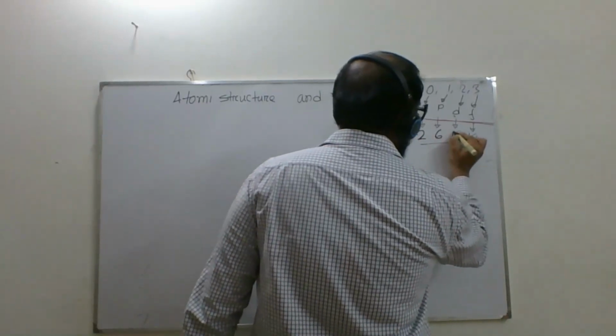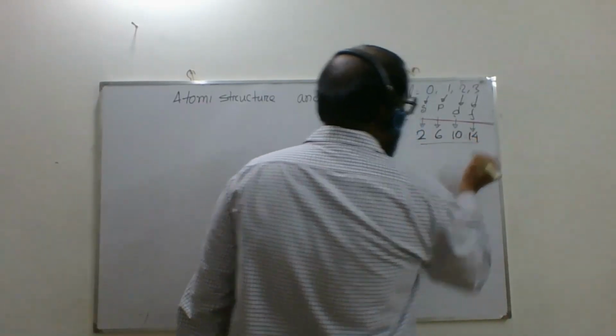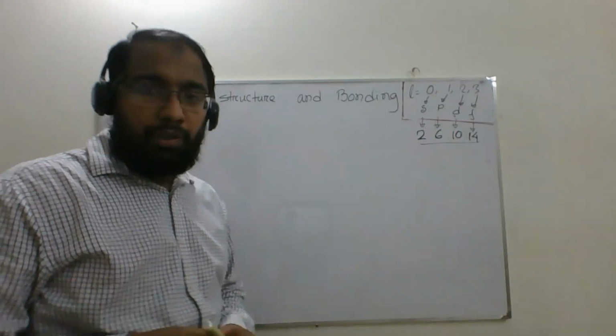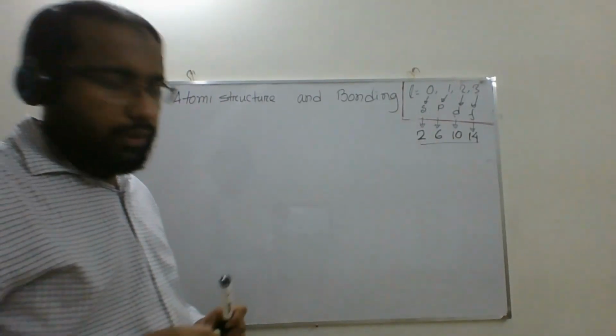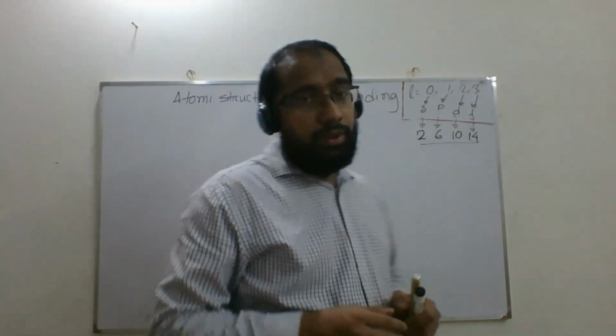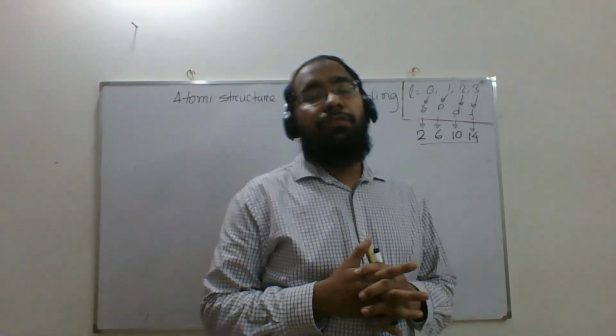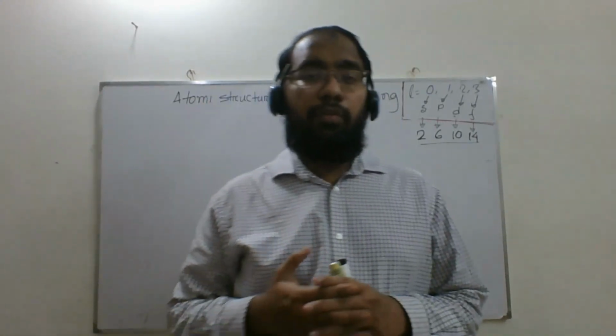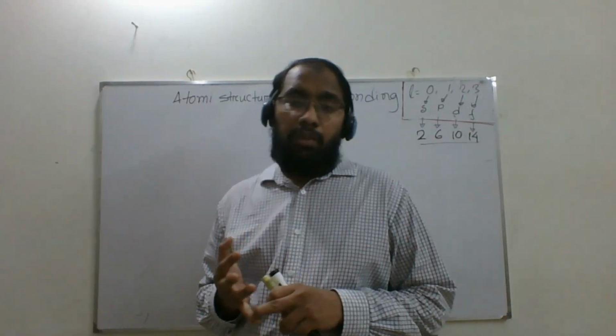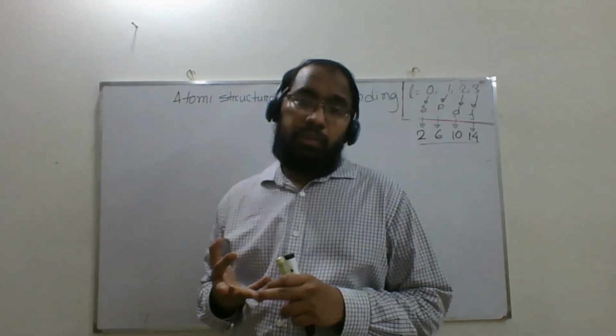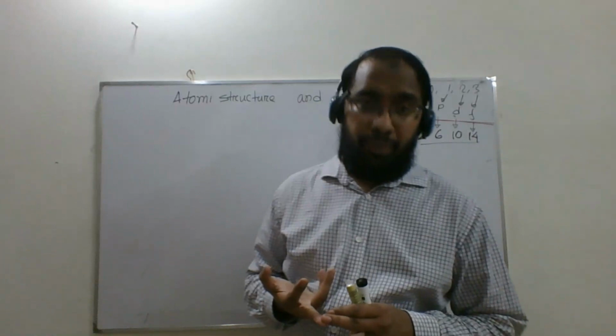Now we will determine the electronic configuration. Before going to electronic configuration, we know that we go according to three different principles: the Aufbau principle, Hund's rule, and the Pauli exclusion principle.